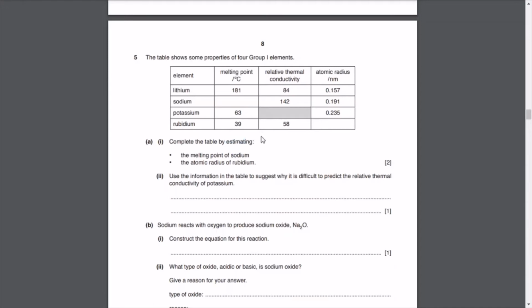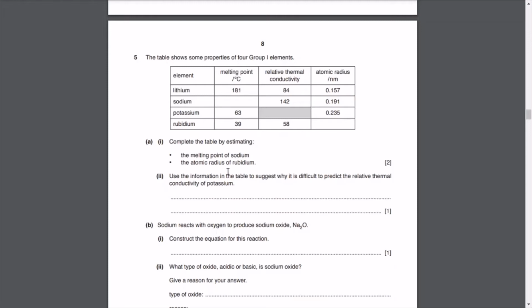So the answer can be either 72 or 75 or 100 or 110, anything you wish. It's not important to be accurate because here we are talking about estimation. And we can easily deduce estimation through the values above and below if they follow a trend.